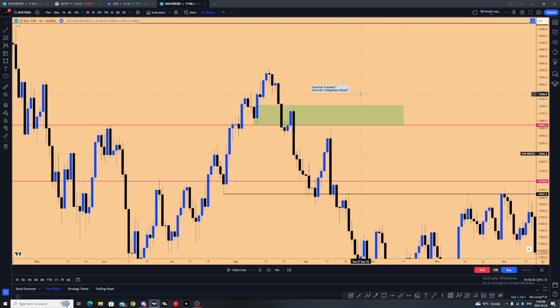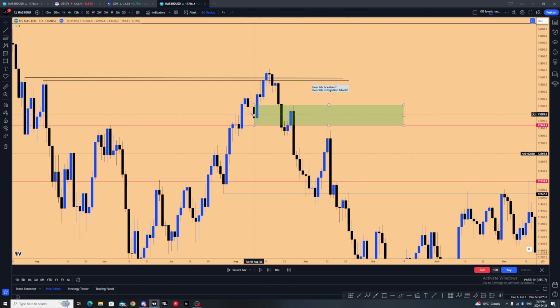You are right about this being a breaker, but for the wrong reasons. Think about the definition of a breaker. A breaker is only formed when an order block takes out a liquidity pool. This order block, which liquidity pool did it take out? Sitting right here, these highs over here.